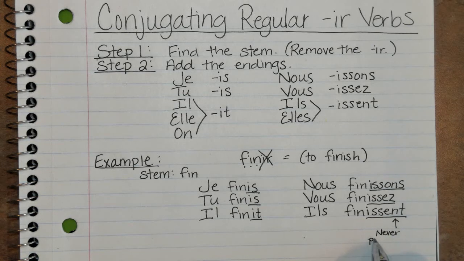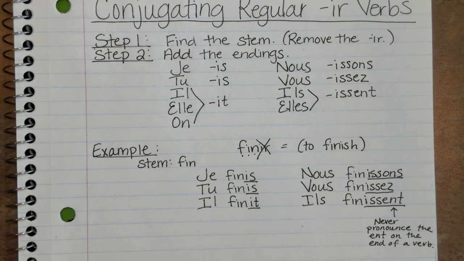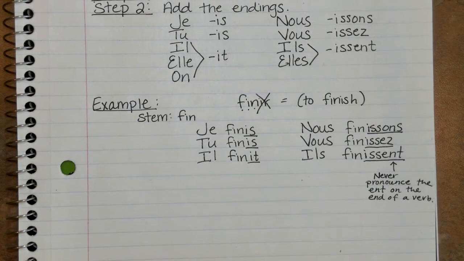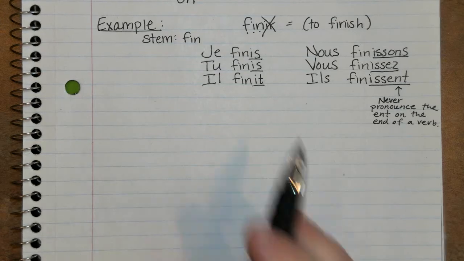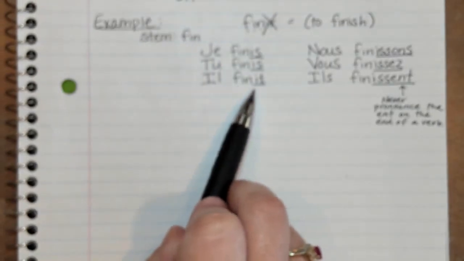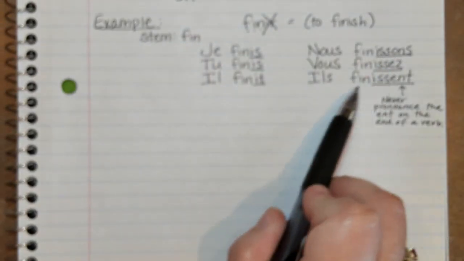So never pronounce the ENT on the end of a verb. So fini, fini, fini, finissons, finissez, finisse.